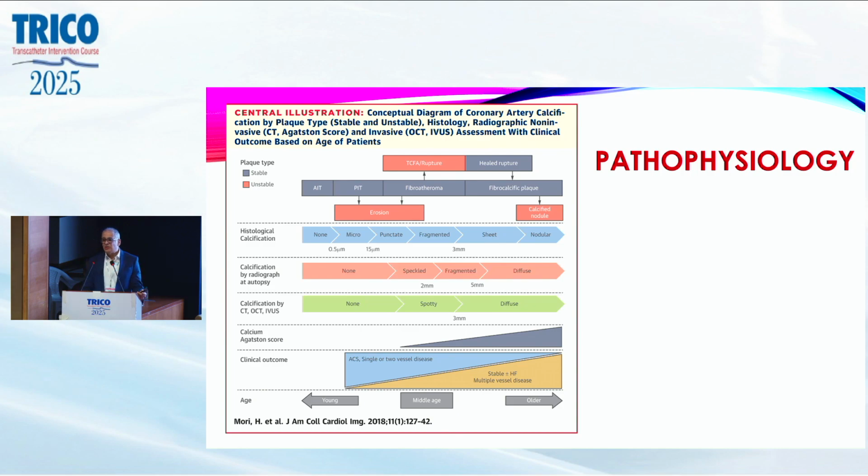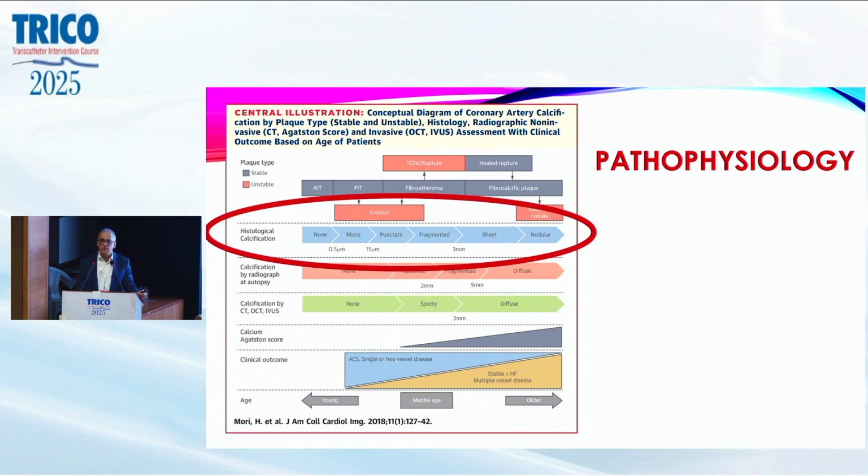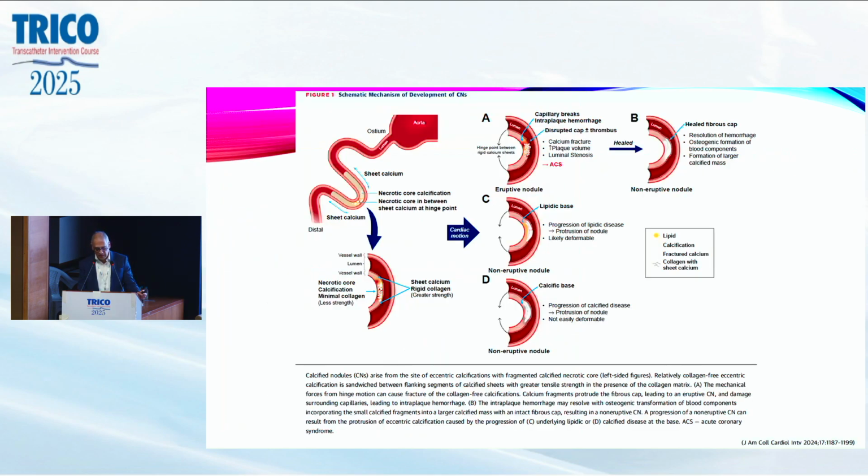Now, how does it happen? It's very important to understand this because your management will depend on it. When you're talking about calcification, you can have no calcification in a lesion, and as it gets worse, you end up with nodular calcium. Basically, the pathophysiology is this. If you have a nice uniform sheet of collagen, you have uniform deposition of calcium.